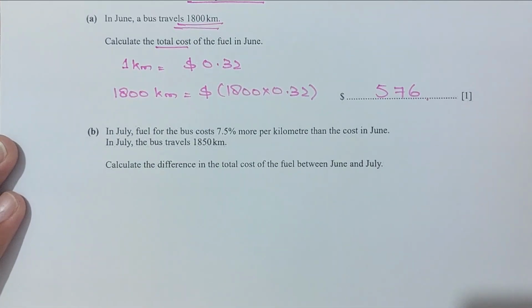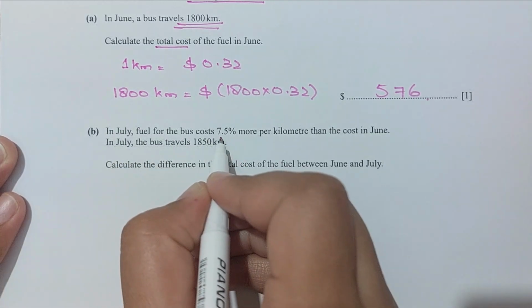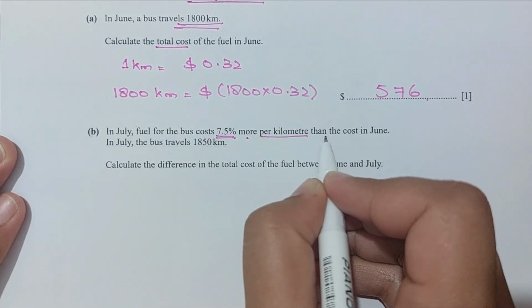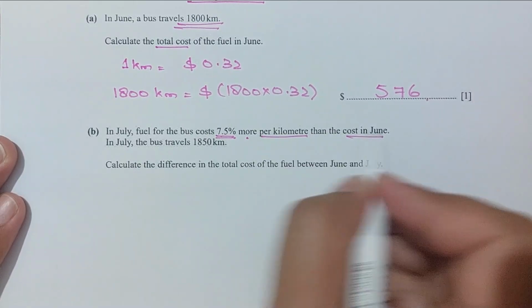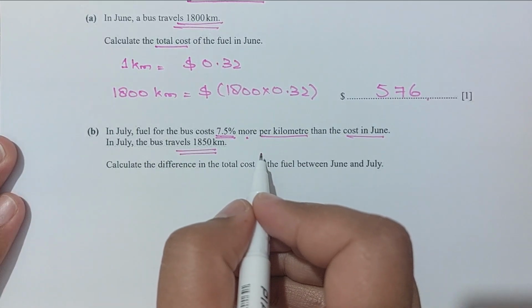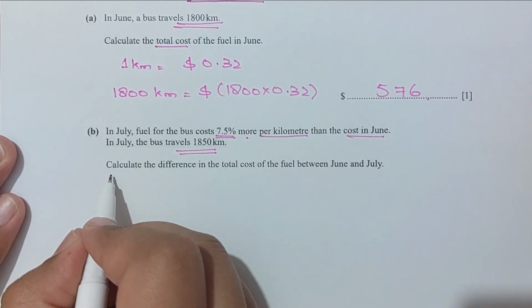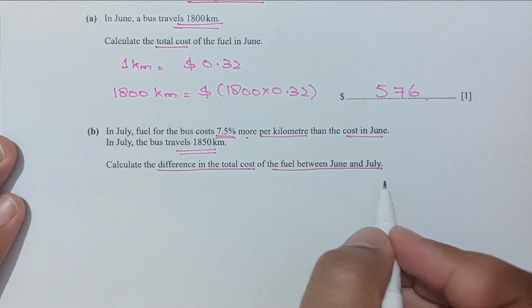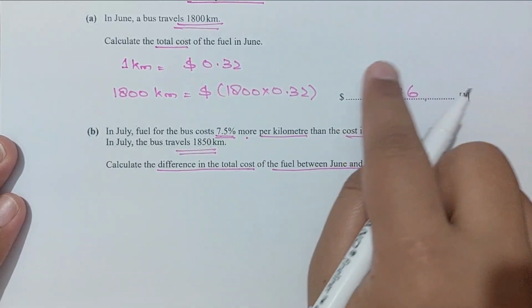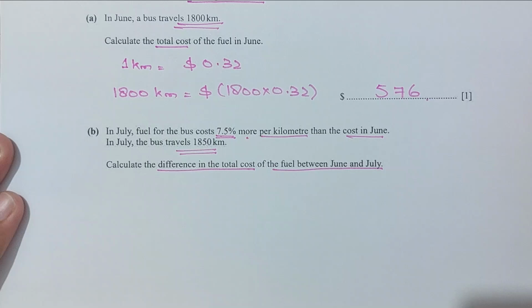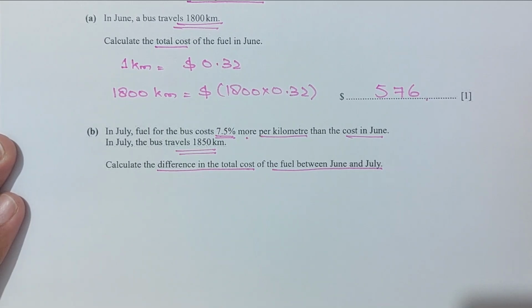Now for part B, in July, the fuel of the bus cost 75% more per kilometer than the cost in June. In July, the bus traveled 1,850 kilometers. Calculate the difference in the total cost of the fuel between June and July. This is the total cost of fuel in June. Now we have to find the total cost of fuel in July, and then find the difference of both.